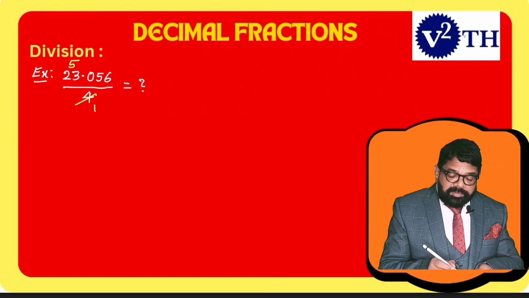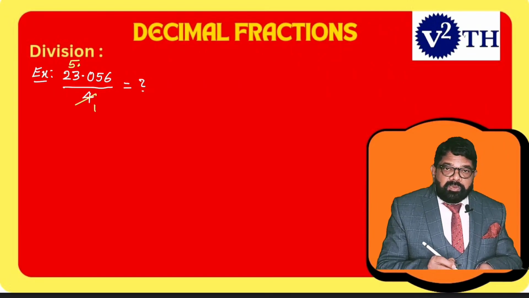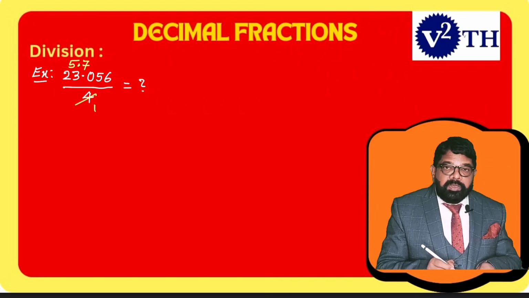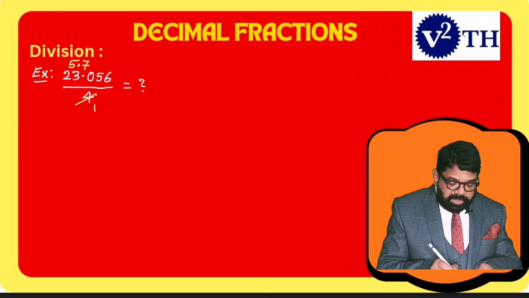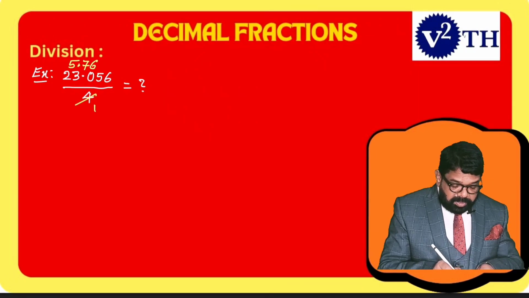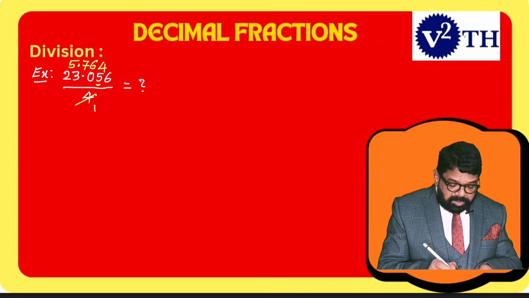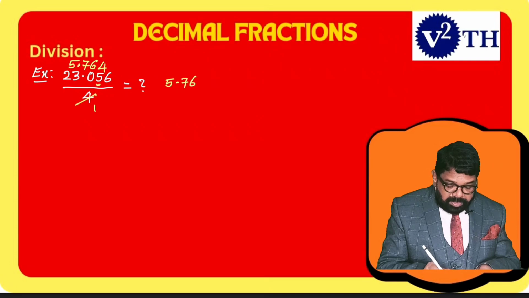Next digit means after the decimal, so you have to place the decimal. 4 fives are 20 means 3 is left. 30, 30 means 4 sevens are 28. 28 means again 2 is left. 25, next digit you have to take 25. 4 sixes are 24. 24 means again 1 is left. 16, 4 fours are 16. So what is the answer now? 5.764 it is.